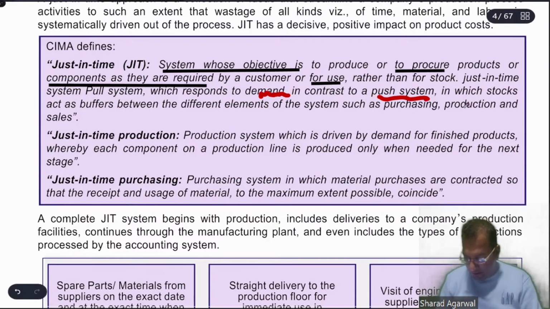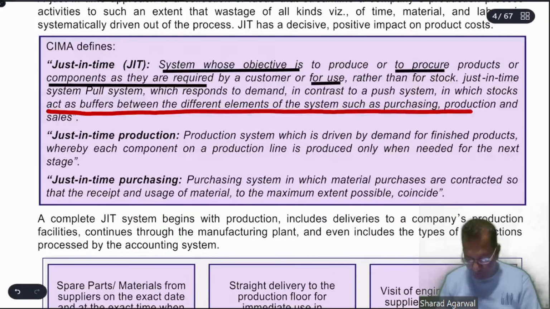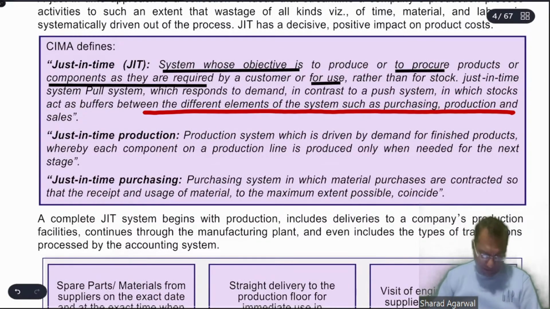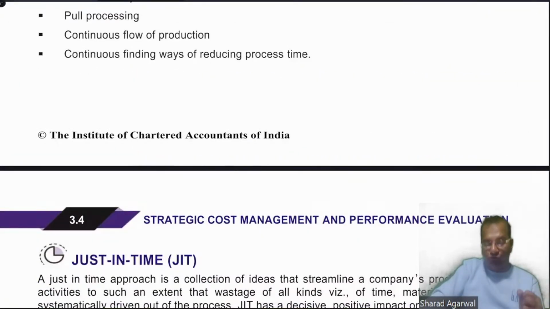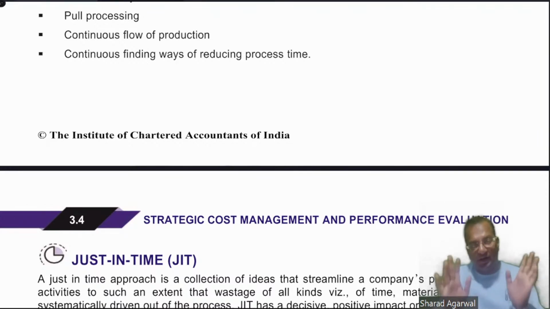पुश सिस्टम मींस नॉन जीआईटी, in which stock are there as buffer between the different elements such as purchasing, production and sales. चलिए बिना देखे बोलिए. जीआईटी सिस्टम ऑब्जेक्टिव इज टू प्रोड्यूस और प्रोक्यूर प्रोडक्ट और कंपोनेंट्स if they are required by customer or for use rather than for stock. स्टॉक के लिए हमें परचेज नहीं करना है. हमने ऑलरेडी एक स्टॉक लेवल डिसाइड कर लिया, वही स्टॉक मिनिमम है, मैक्सिमम है, रीऑर्डर है, एवरीथिंग. जीआईटी वर्क्स ऑन पुल सिस्टम which responds to demand.